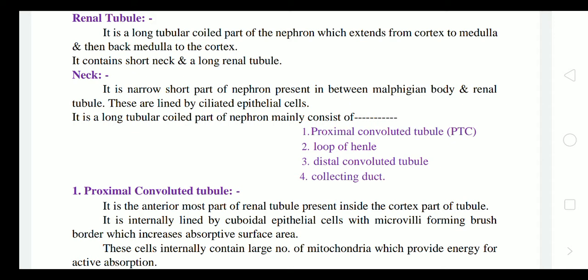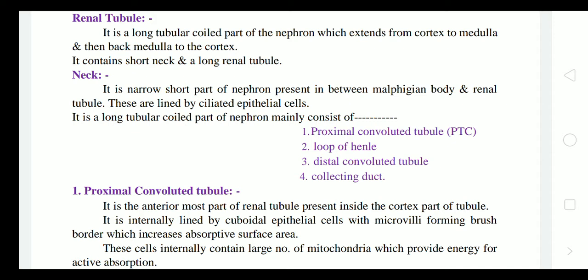The neck is a narrow short part of the nephron present in between the Malpighian body and renal tubule. These are lined by ciliated epithelial cells, which help the cell to perform the function of absorption.